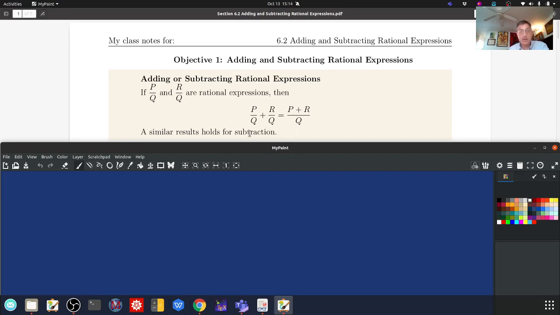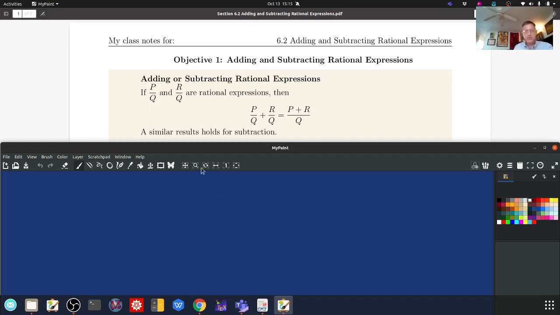And that's the only game we have in town in order to add, and clearly you can replace the addition sign right here with a subtraction sign and get P minus R over Q. But the only game in town is that we can only add and subtract two fractions or rational expressions when they both have the exact same denominator.